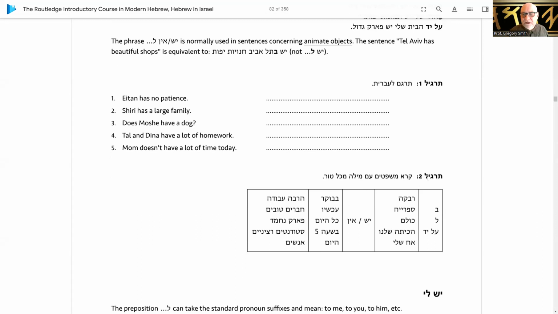All right, now we're on Targila 2. We have Kara Mishpatim. So read the sentences with the words Mikola Tov. Okay, so I think it's, yeah, Kara is read, I think. Kara Mishpatim. Read the sentences with the word Kara Mishpatim im milah Mikola Tour.